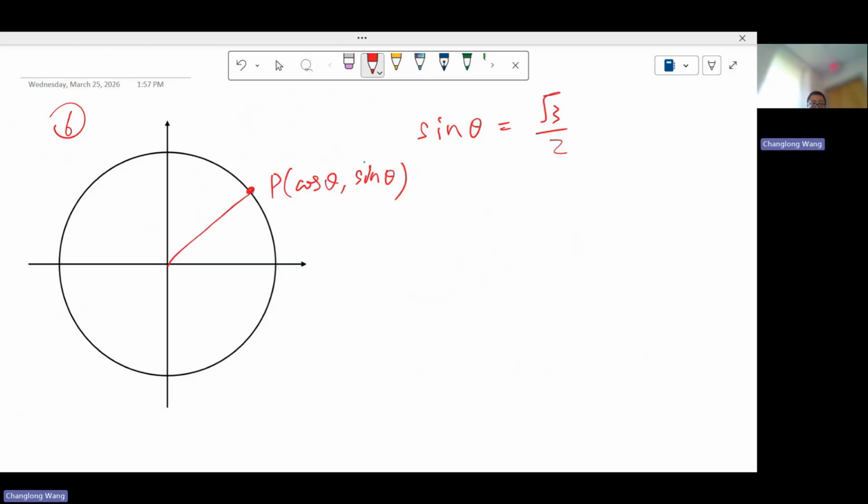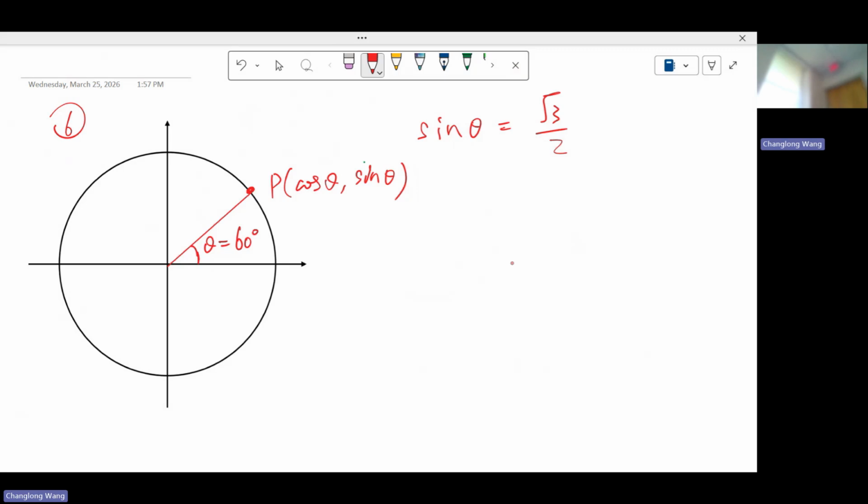This is what I mean by angle theta. How much do you think theta will be, such that sine theta is radical 3/2? Yeah, look up the chart. It will be 60 degrees, right?